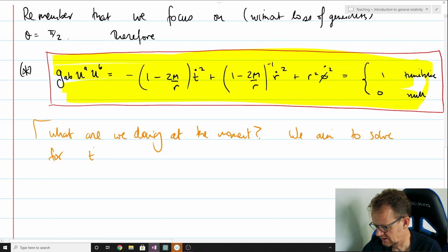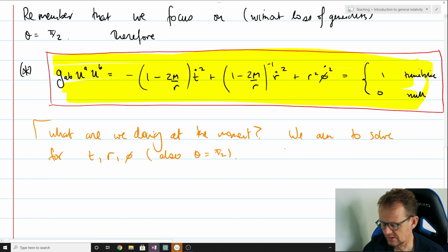So we aim to solve for t, r, and phi, and also theta, but that actually equals pi over 2 by the symmetries of the problem. And so what we're going to do is write down enough equations that can deliver us a complete set of ordinary differential equations for t, r, and phi.